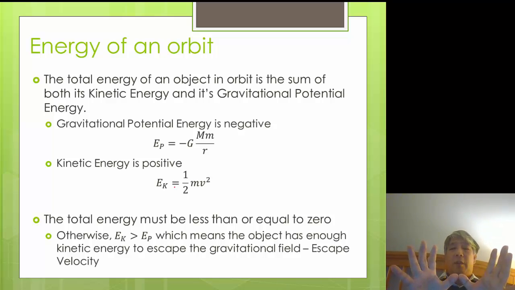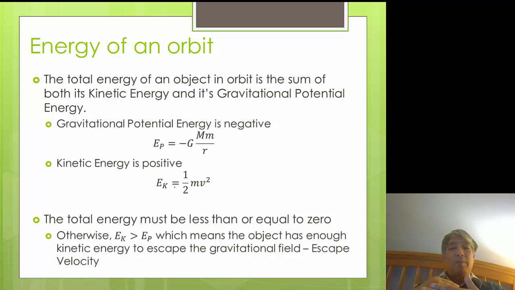The gravitational potential energy formula we just got is minus GMm over r. And kinetic energy must be positive, because all the numbers are positive, and v, even if it was negative, gets squared anyway. So when I add these two together, my total energy must be less than or equal to 0.